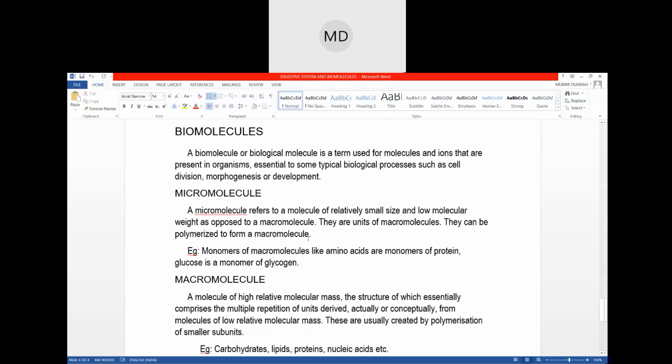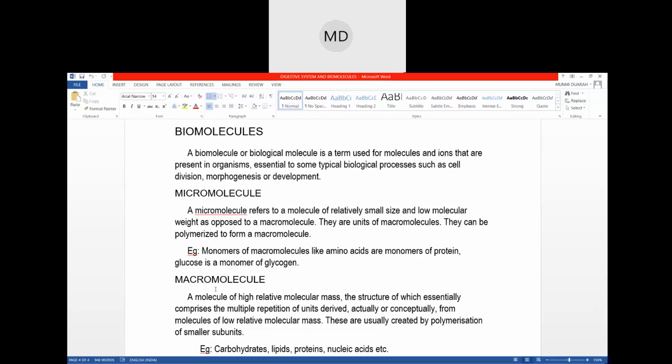Monomers are the units of polymers. Like amino acids are the monomer of protein. Protein is a polymer, amino acid is a monomer. So amino acid is a small molecule. Protein is the larger one. So protein is a polymer and it is a macromolecule.